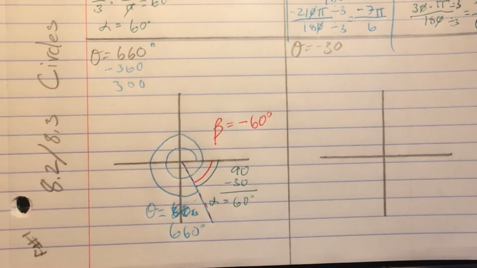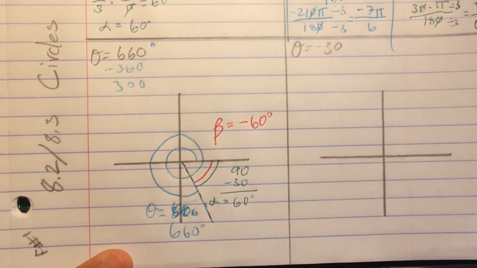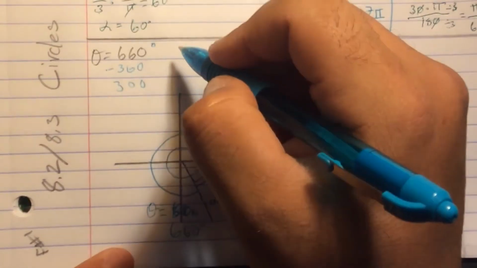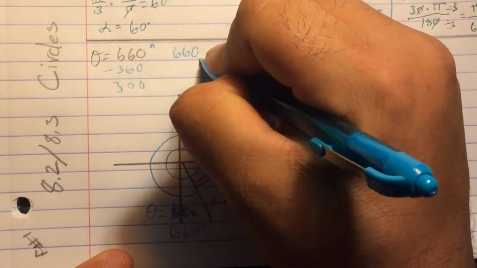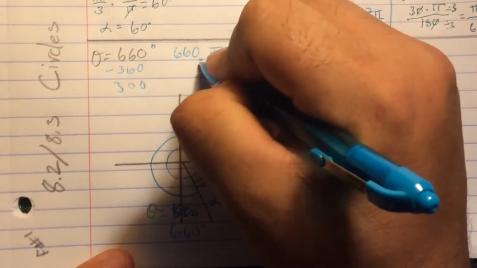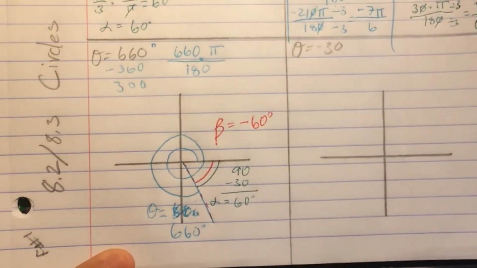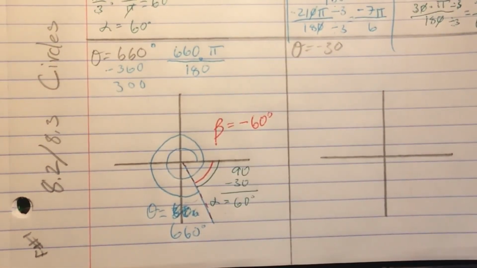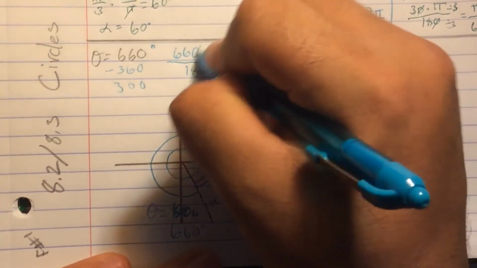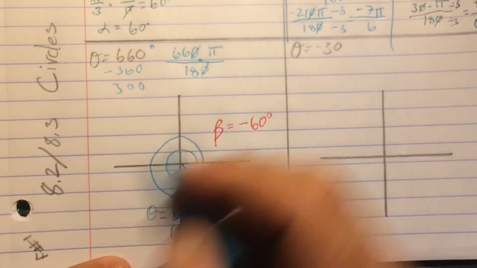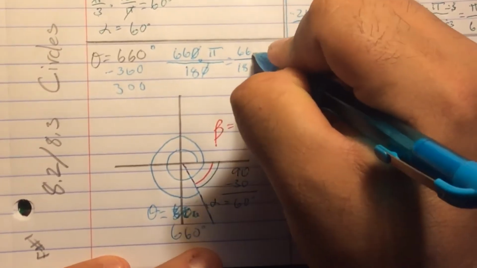Okay, so now we're going to convert these from degrees to radians. We'll do our theta up here. So we have 660 multiplied by pi over 180 degrees. Once again, I want to show you this without using a calculator to show you that it's possible. So I'm going to reduce the zeros, leaving me with 66 divided by 18, times pi.